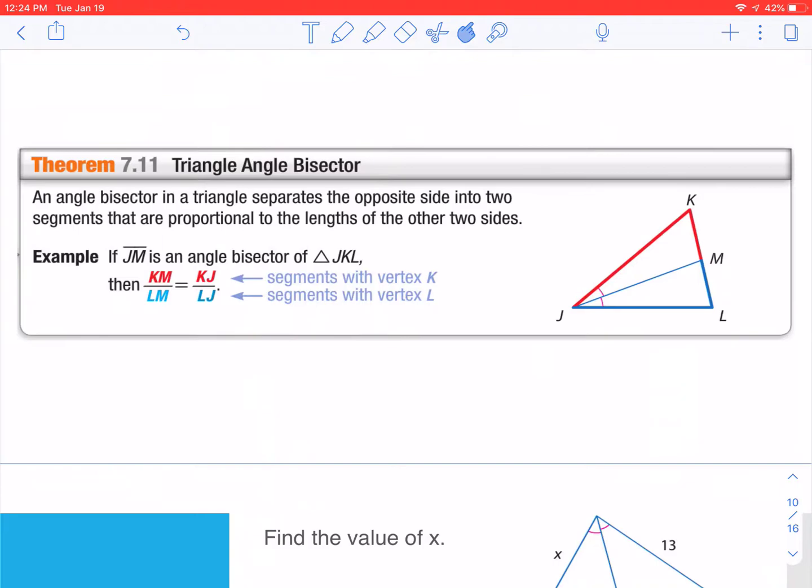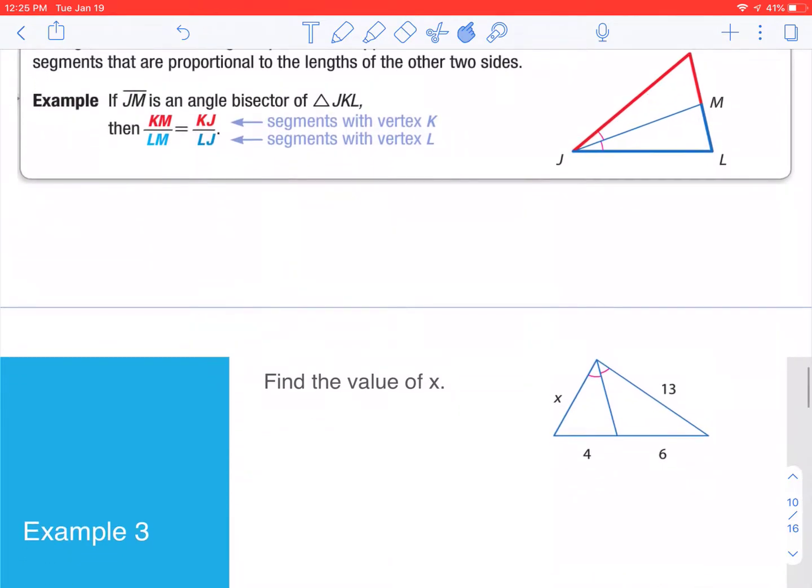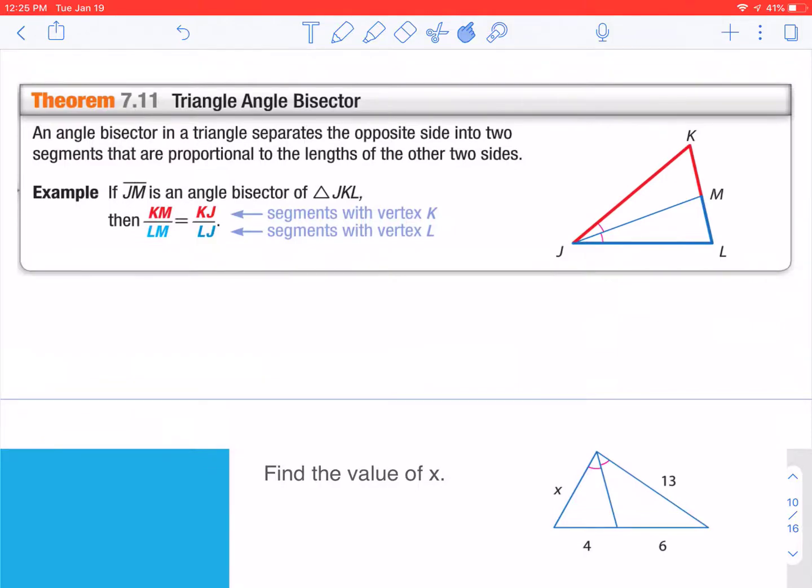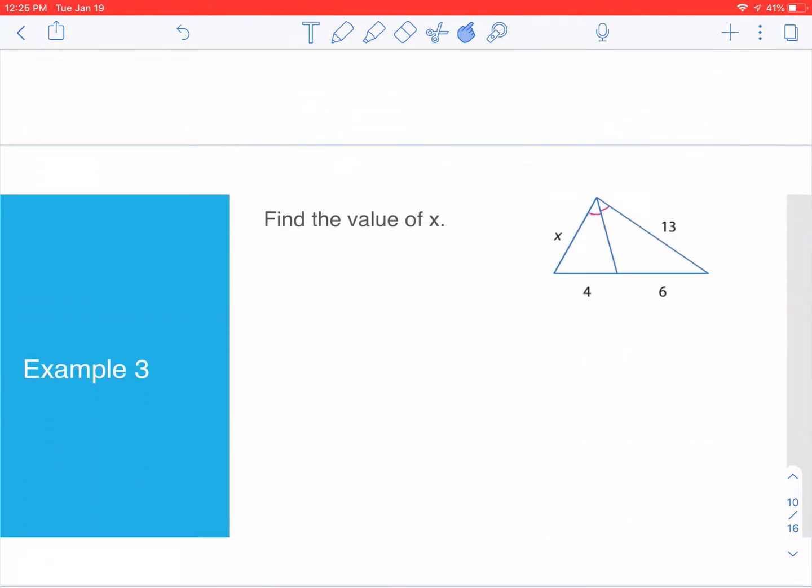Now we have the triangle angle bisector. That means if we have an angle bisector, now all the sides are proportional. Okay. So in this case, you're going to take the segments that are on the same side or in the same triangle, there and there.